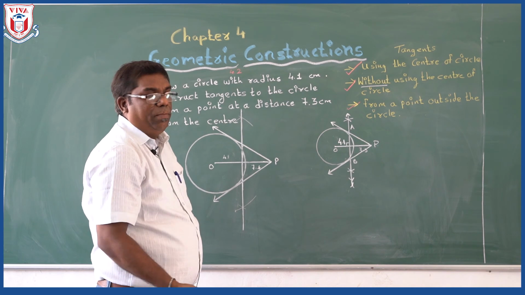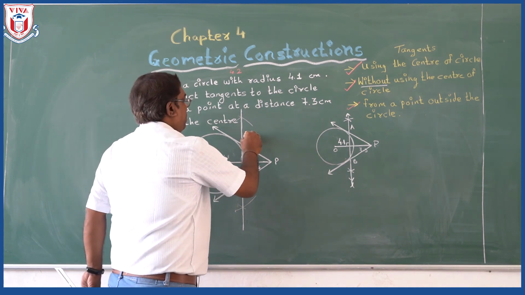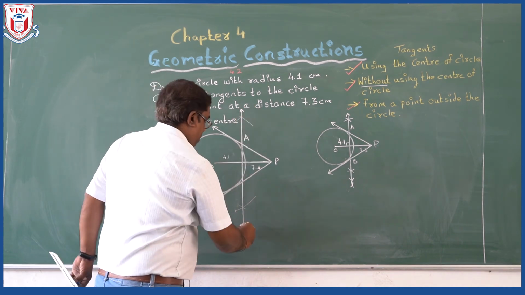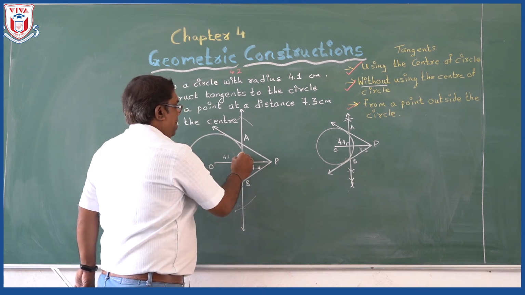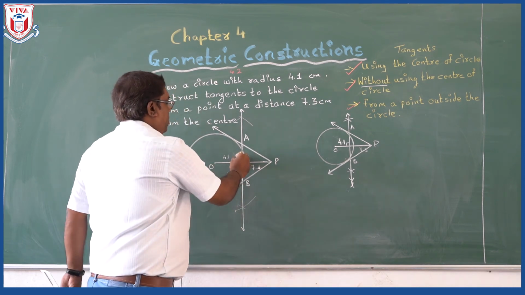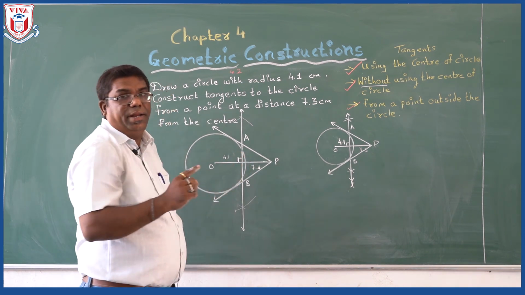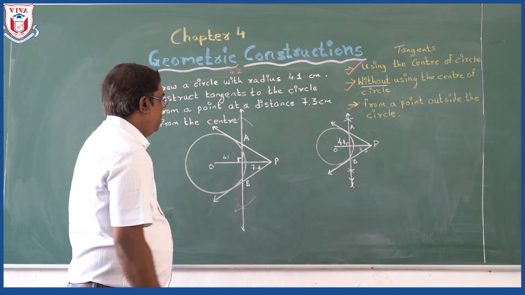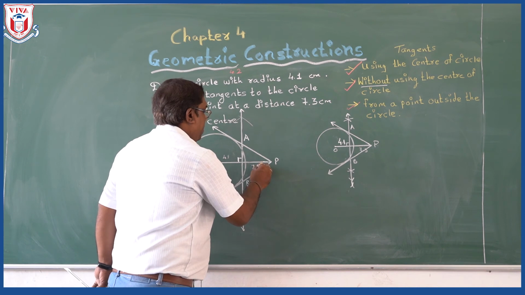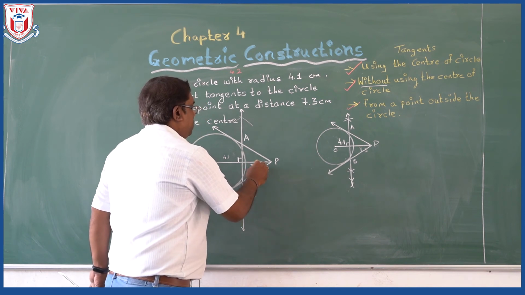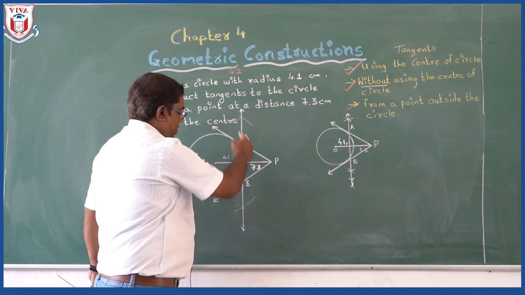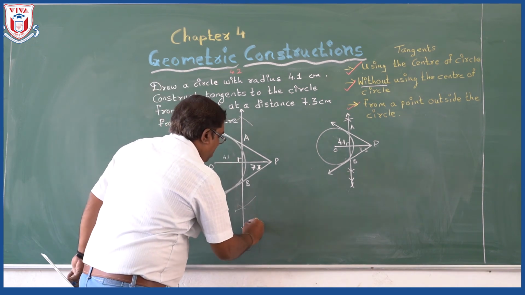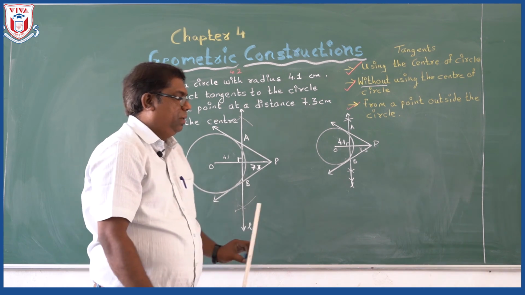We can give the names, this is my A, and this is B. This is my 90 degrees. Always put a perpendicular 90 degree symbol, it will be better for you. This is my 7.3 centimeters, the point taken outside the circle. And for the other line, if you want, give it the name L.